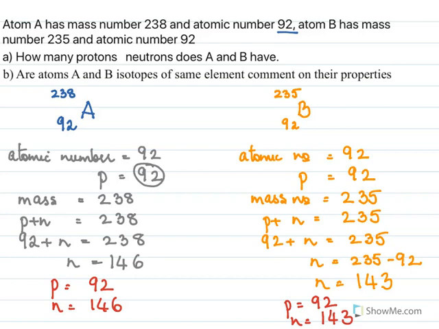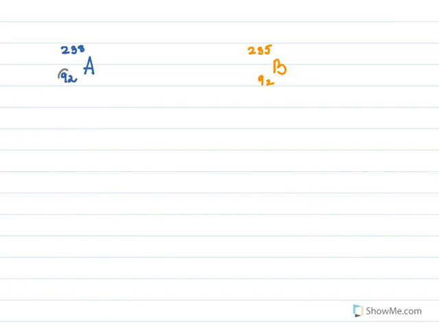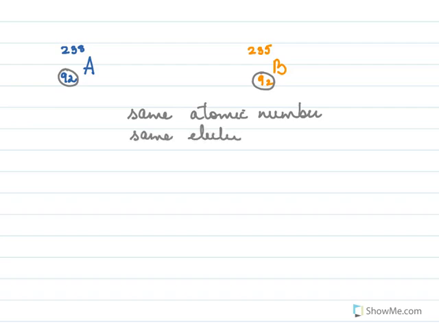Now, are A and B isotopes of the same element? Comment on their properties. Here we see that the atomic number is the same. And because they have the same atomic number, they'll have the same electronic configuration.